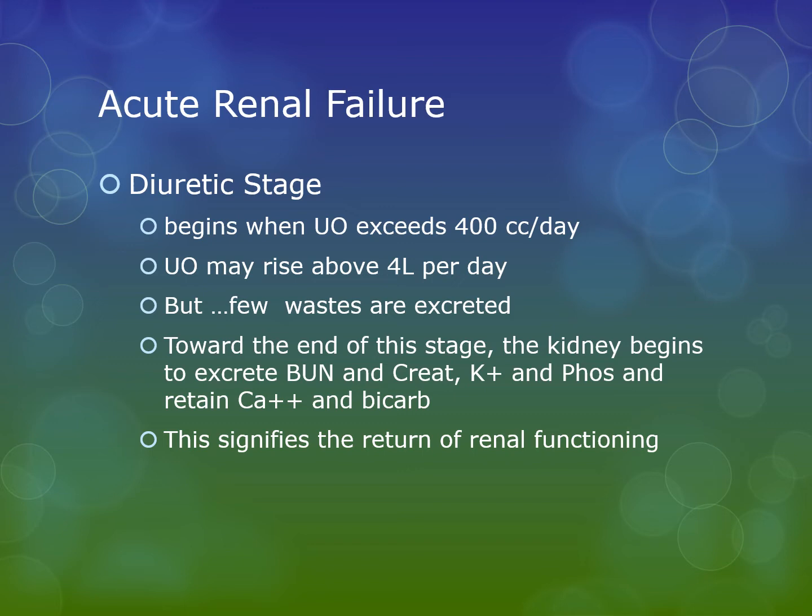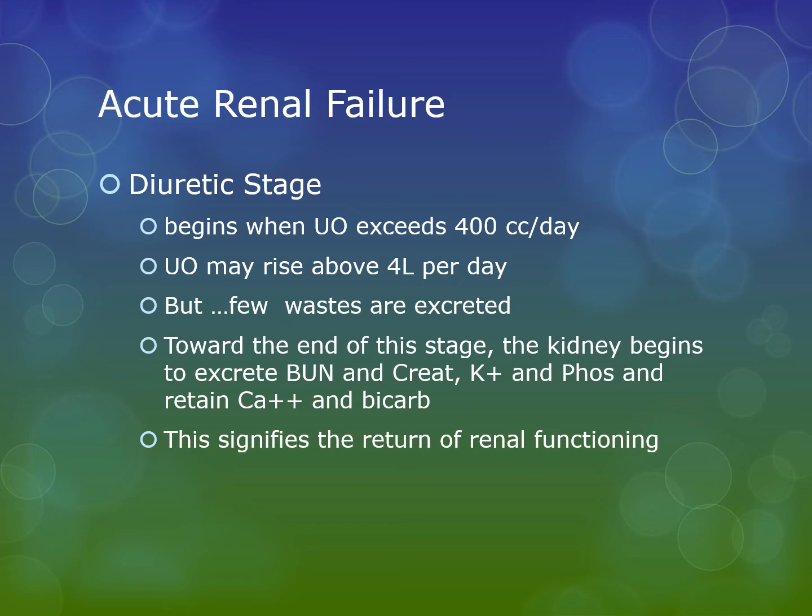But here's the rub. Remember I said that the first function lost was the ability to concentrate urine, and it was the last function gained? Well, the kidney's not completely back to normal yet. So even though they're putting out all of this urine, and that is helping their hypervolemia situation, they're not excreting very many wastes.